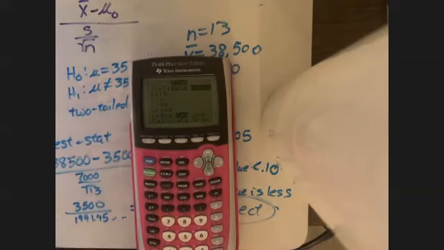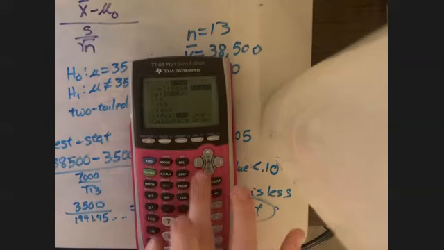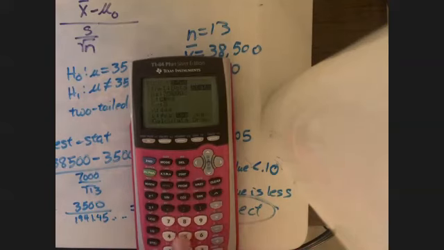If you were given a data set, you would put that data set into L1, and then you could have it pull data. Now, mu naught, the one in the null hypothesis, is 35,000. X bar was our 38,500.